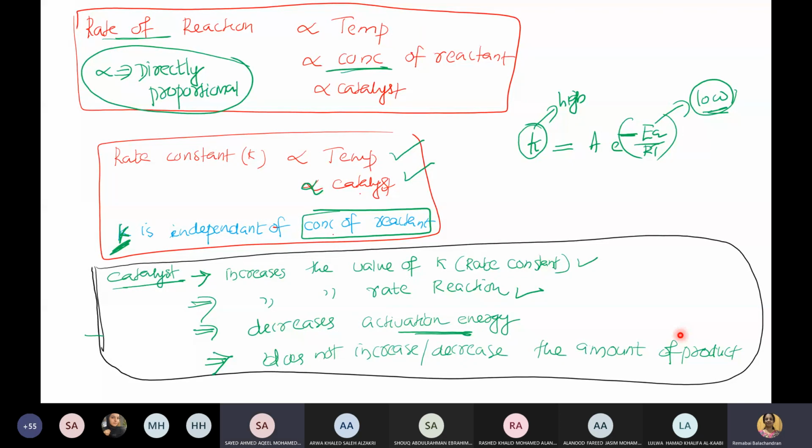No, my dear. I'm just telling, if you add a catalyst, it will not give more product. It will not give less product. It will make it fast. So I gave you an example for this.